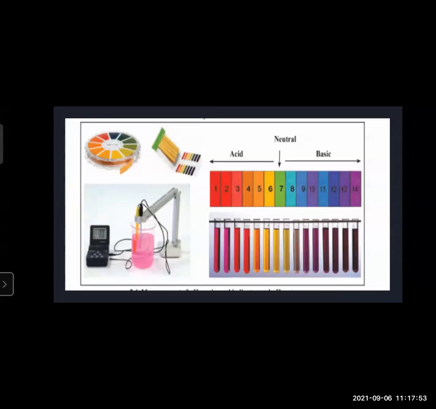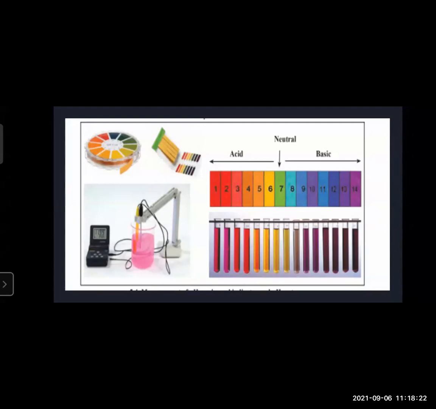On the upper right side you can see the numbering 1 to 14. At number 7, the solution which shows the green color, whatever the substance, an aqueous solution will be neutral. So pH 7 shows the given solution is neutral.